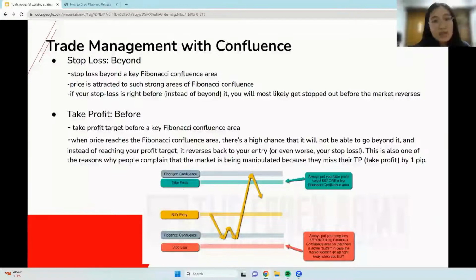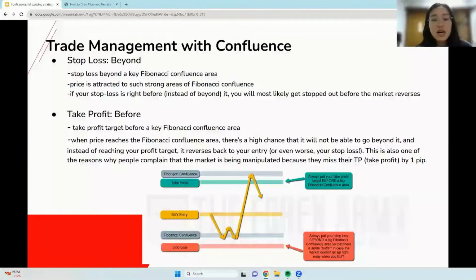Take profit, on the other hand, you want to place before a major confluence area. When price reaches the Fibonacci confluence area, there's a high chance that it won't be able to go beyond it because obviously we're expecting it to reverse. So instead of reaching your profit target, it's likely to reverse back to your entry, or maybe even to your stop loss.